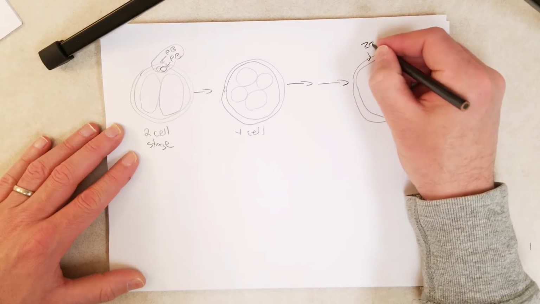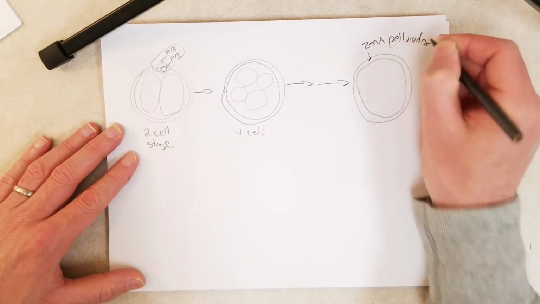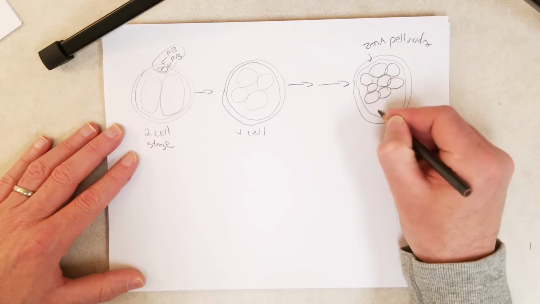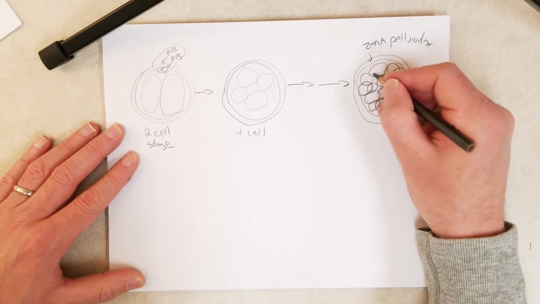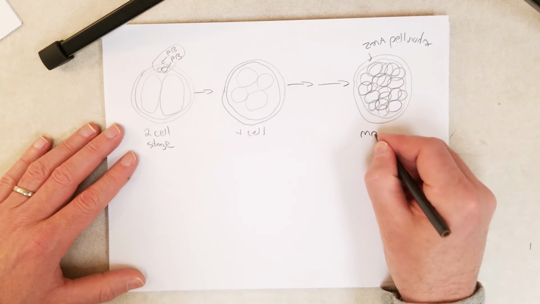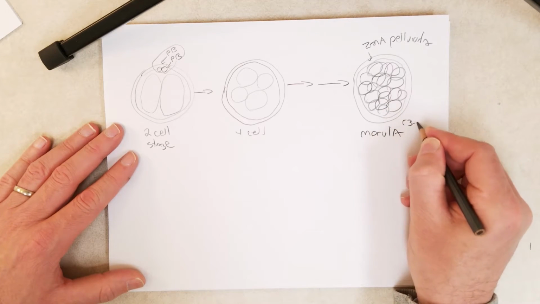Again, here's the zona pellucida still here. And do I need to diagram all 16 of these? They should all be about the same size, right? I lost track, so let's assume that's 16. And this is called the morula. This is after about 3 to 4 days right here.